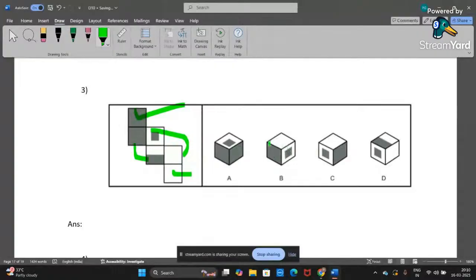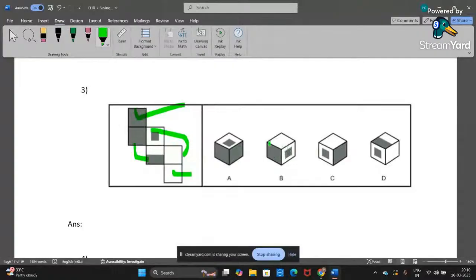See, when these two are connected, the top one will be this one, it should be this side, but here they have given it should be this block, so this is not the option. Next, this should be connected with this, yes it is, but what is the problem?